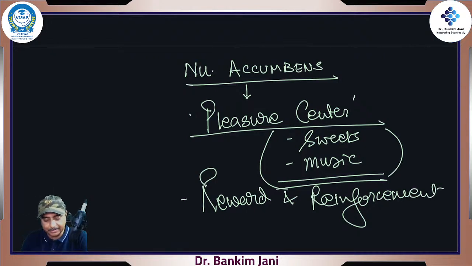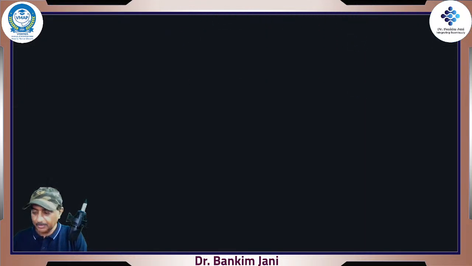Because in the brain certain areas are very doubtful, like the claustrum, right? It's very doubtful what exactly it does, but still there are certain things associated with it, so it is believed that it will be doing this. So nucleus accumbens is what is called the pleasure center, right? So this was about the caudate nucleus.